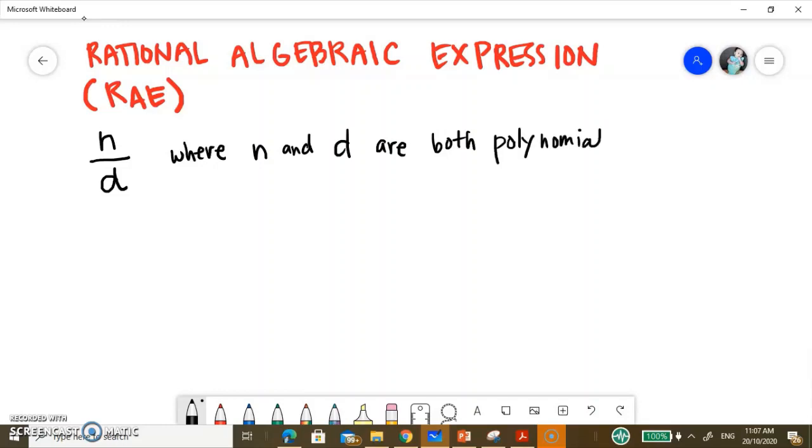Okay? So in short, our rational algebraic expression is simply a ratio of two polynomials.